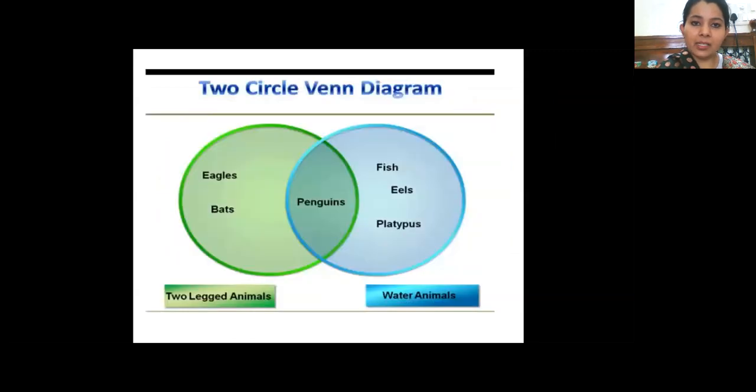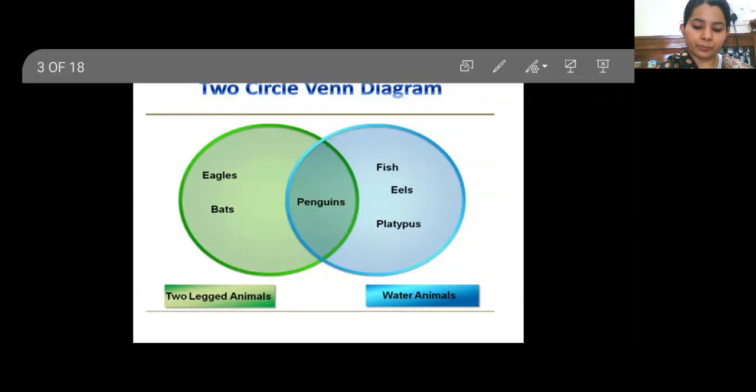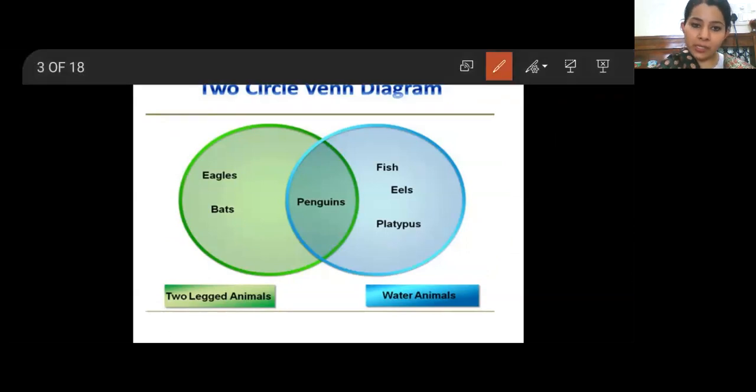So let's understand this Venn diagram better with this two circle Venn diagram. Now in this two circle Venn diagram, I have a green circle depicting two-legged animals, and another one is water animals. All right.